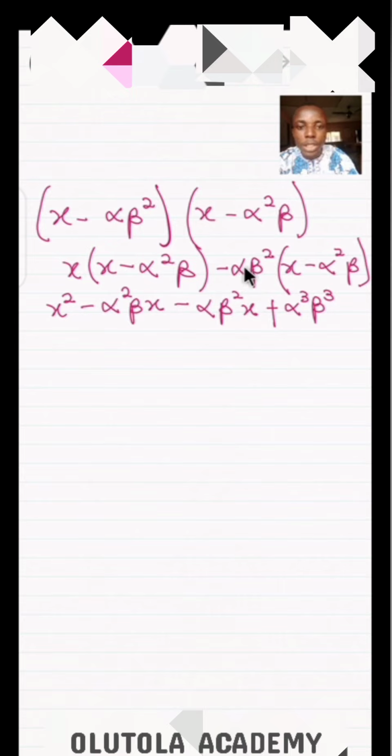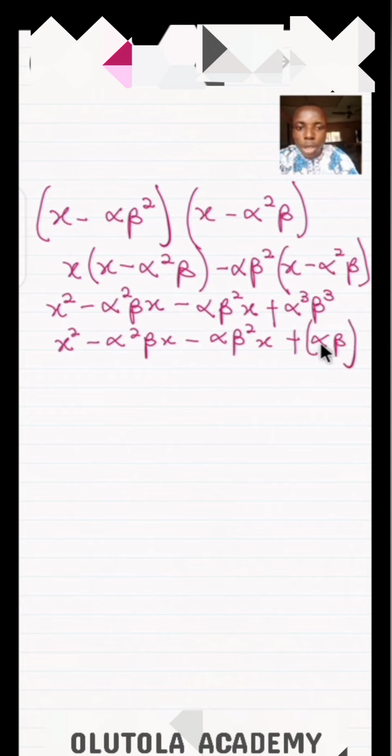I have x squared minus alpha squared beta x minus alpha beta squared x plus alpha beta all cubed. Having gotten that, I can still work on this.